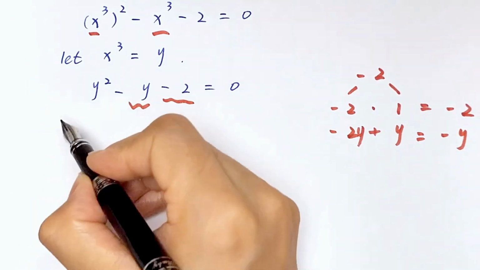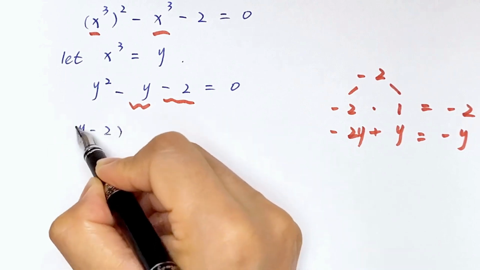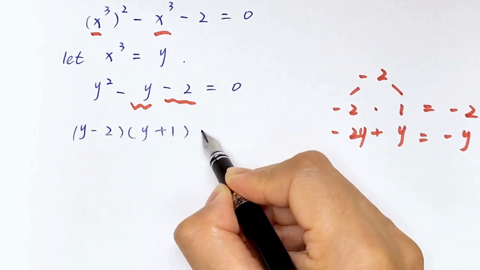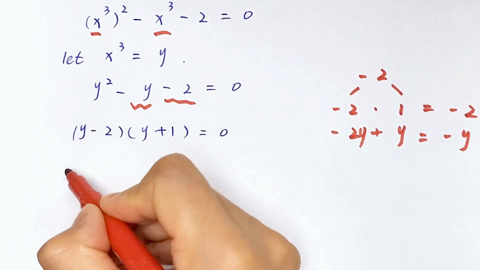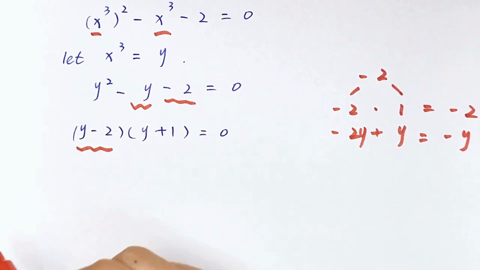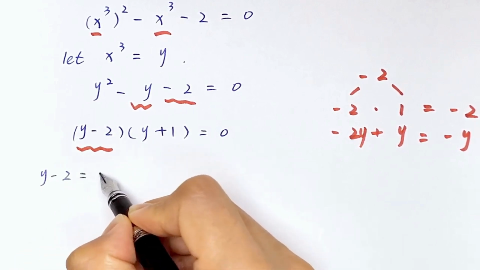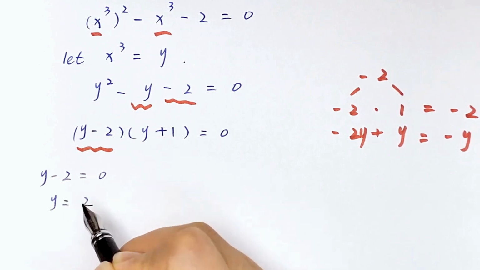So it will be y minus 2 bracket times y plus 1 bracket is equal to 0. Then we have two cases where this one is y minus 2 equal to 0. So y is equal to 2.